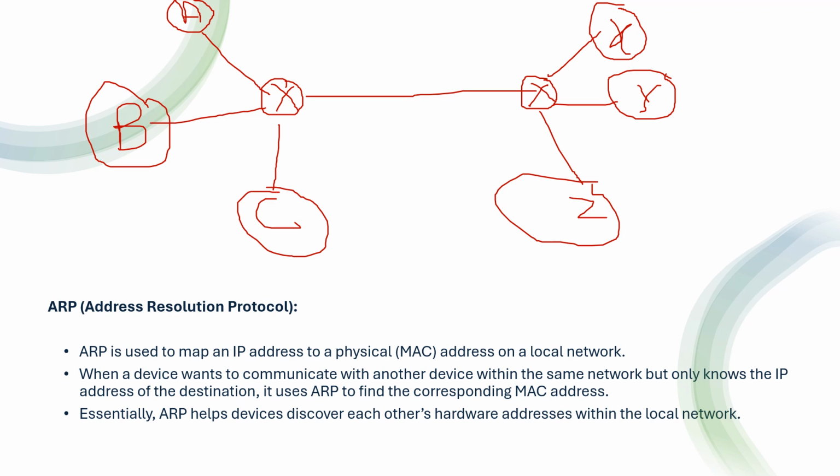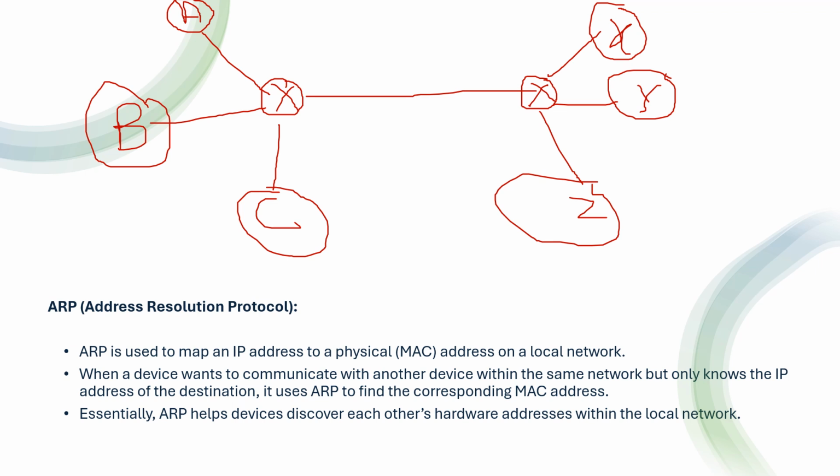Suppose here in this network, A has to send a message to C, but A does not know the MAC address of C, but the IP address is known to A. So it forwards a broadcast message or packet in which the IP address and MAC address of the source are mentioned, and the IP address of the destination is mentioned.